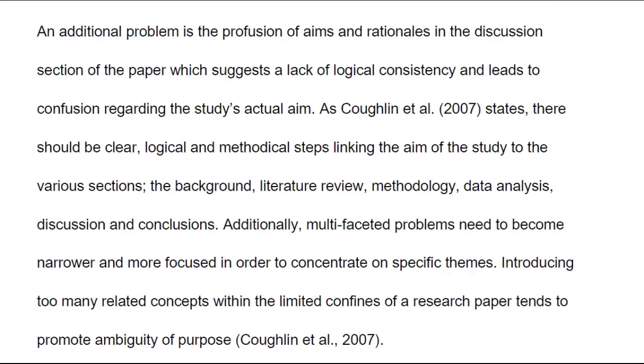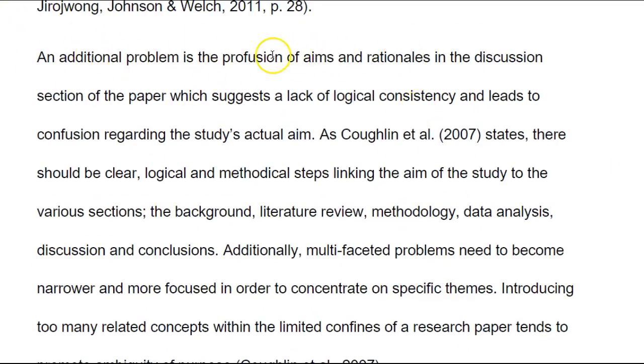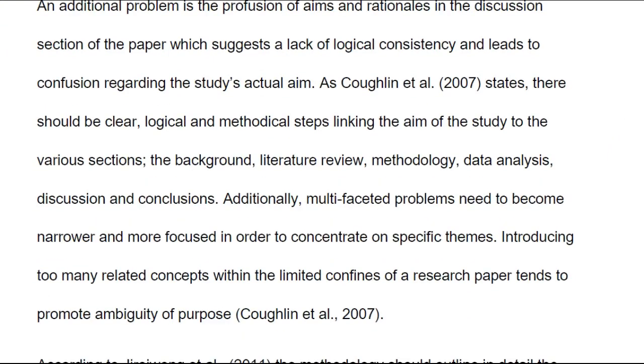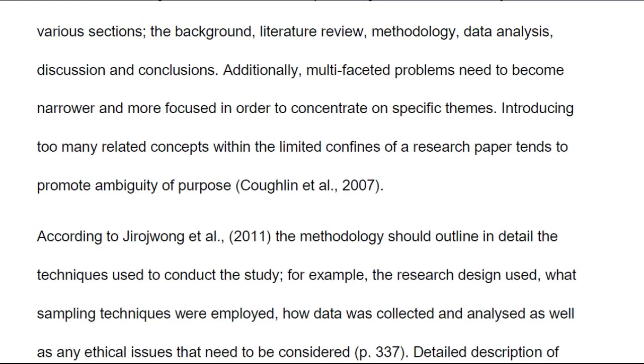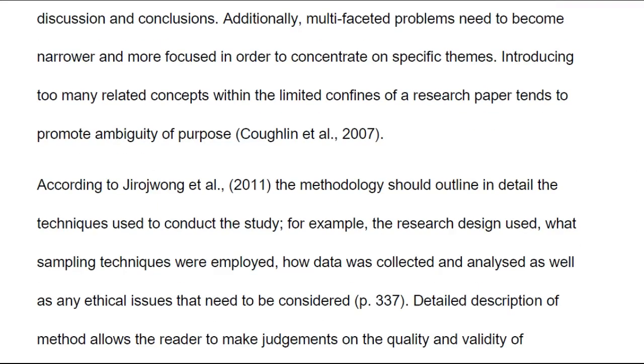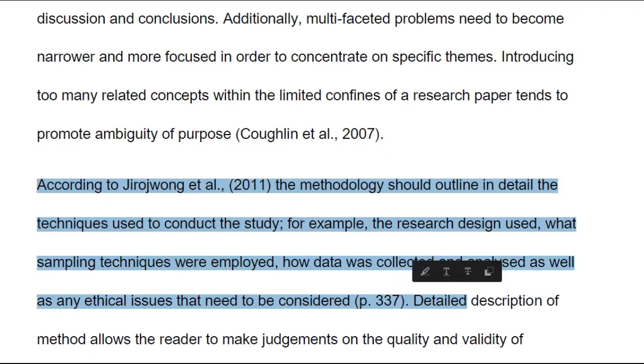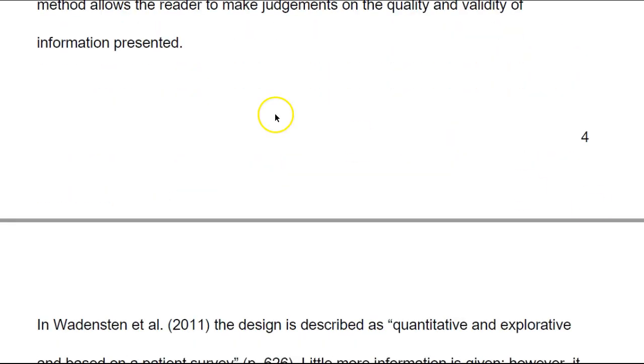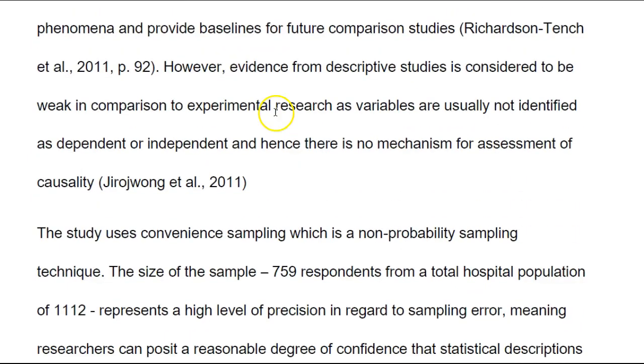This paper was a very good paper because their analysis of the sections was quite detailed, but again the signposting isn't as clear. But here, for example, you see some signposting where it says this is what we're going to move on to next. Okay, so that's how you can do it. So at the end of the paragraph, what you can do is, having discussed methodology, this paper will move on to discussing sampling.